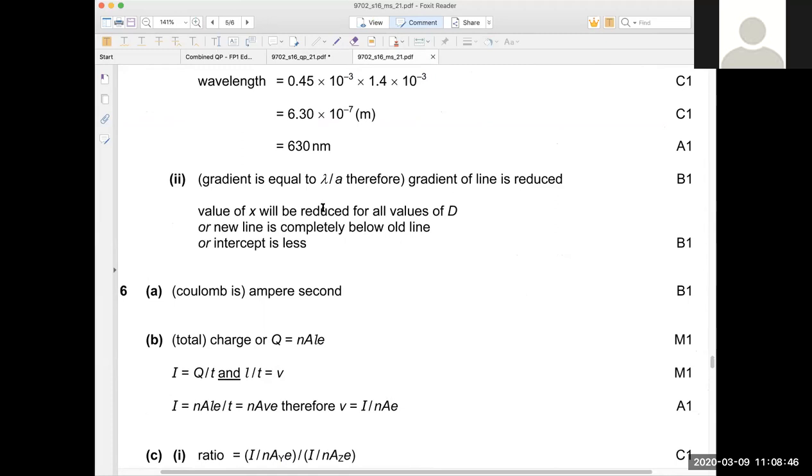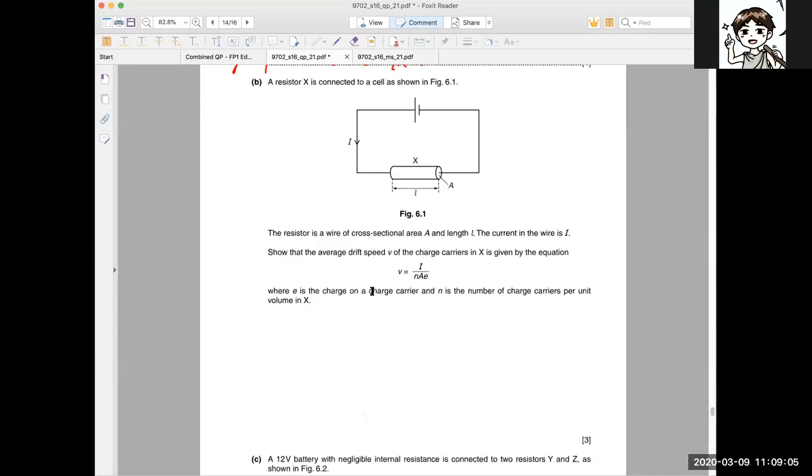I can't do that in exams. For Coulomb, you can just write its unit and you get the mark. It's better for you to write 1 ampere times 1 second. So let's go on.